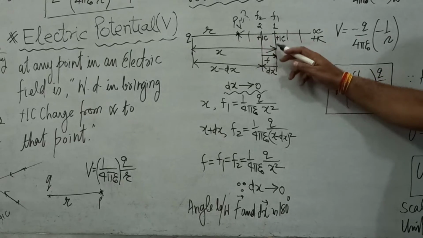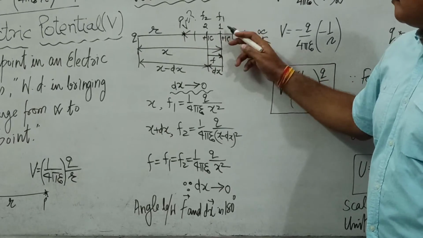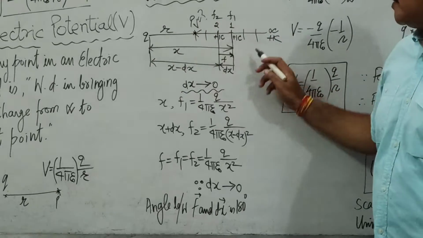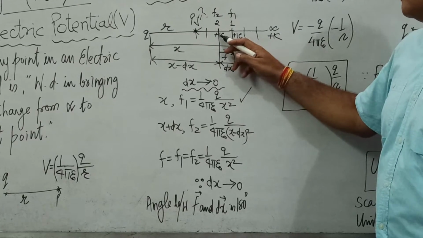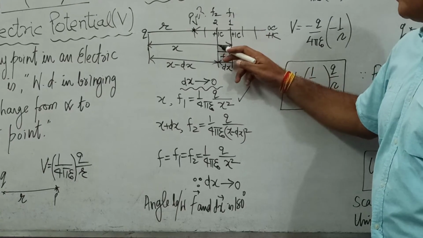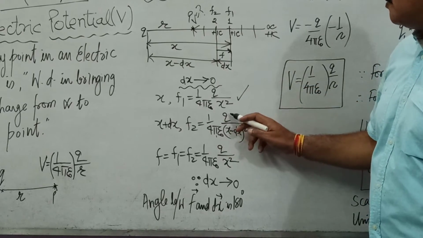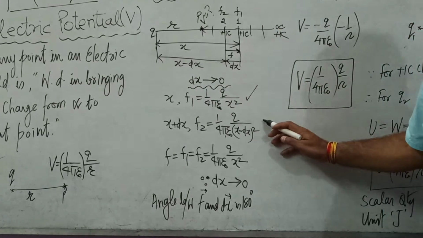When the point charge is at 1, the force acting over it is what? 1 upon 4 pi epsilon naught q into 1 upon x square. And when the point charge reaches 2, the force is going to be F2. And what is that F2? That F2 is going to be 1 upon 4 pi epsilon naught q into 1 upon x minus dx whole square.